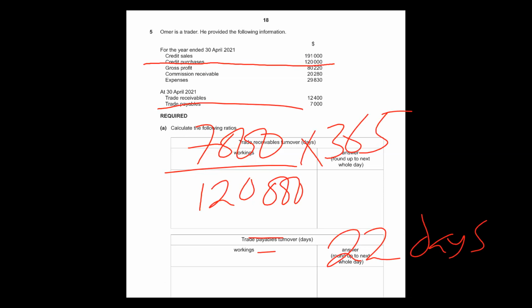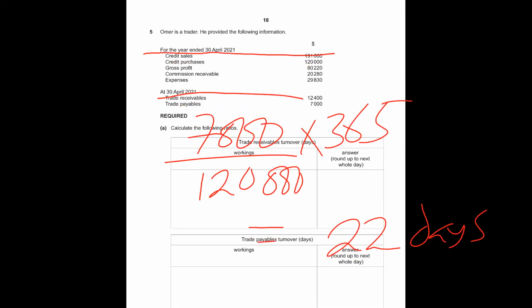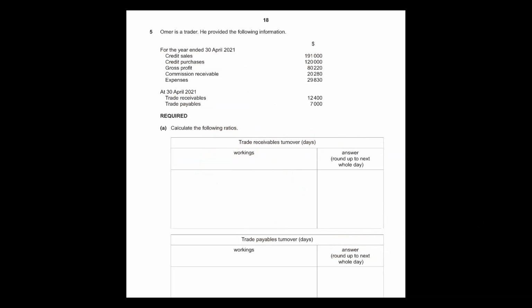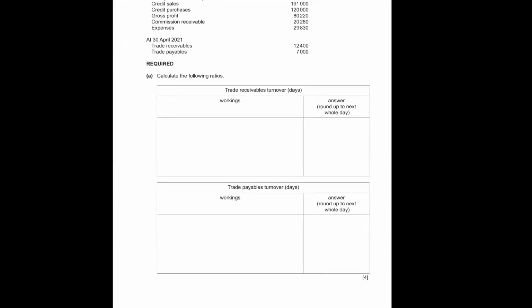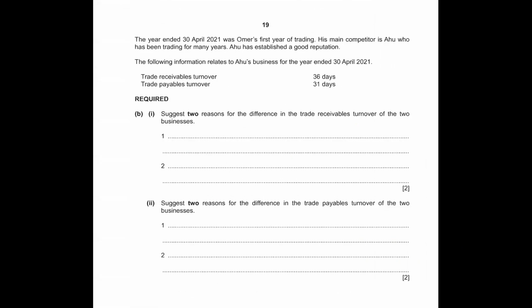So if that helps, then we can go ahead and look at the next question. Very, very important to understand. The next question says, the year ended 30 April 2021 was Omar's first year of trading.